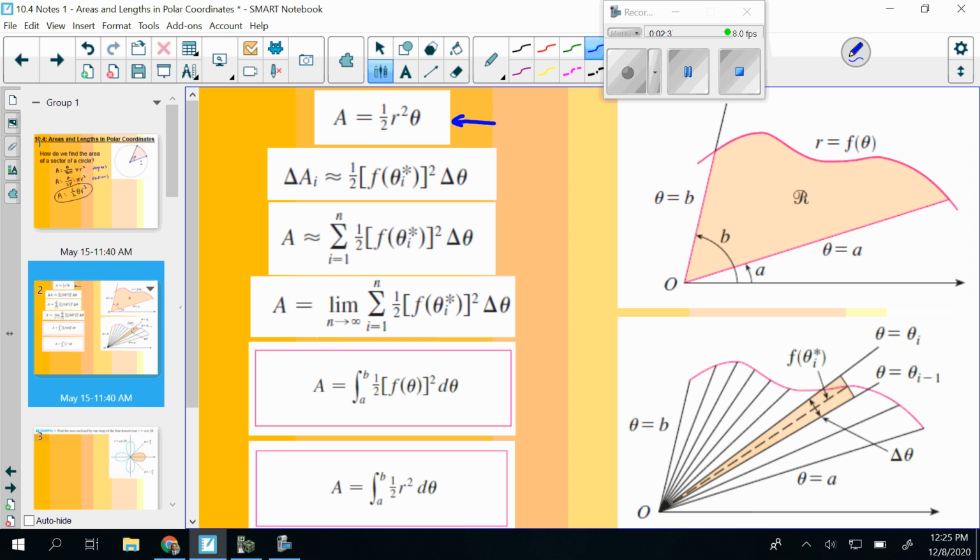So if we take that 1/2 radius squared times theta equation, and we're looking for the change in area here, that also means we'd be finding the change in our angle here. Also, we just changed r to f of theta here, since it's the same thing. That would give us one of these little sectors here.